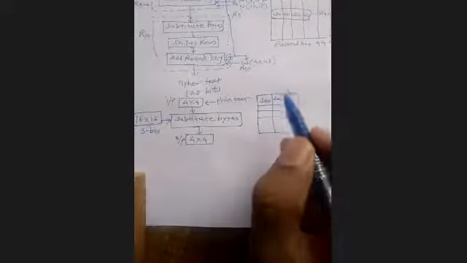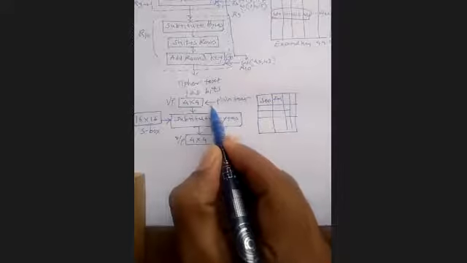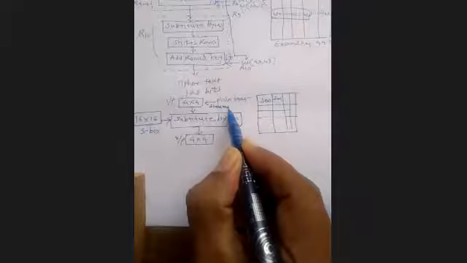So this is my first diagram, for what? The state. See the state matrix. This is my input state matrix.